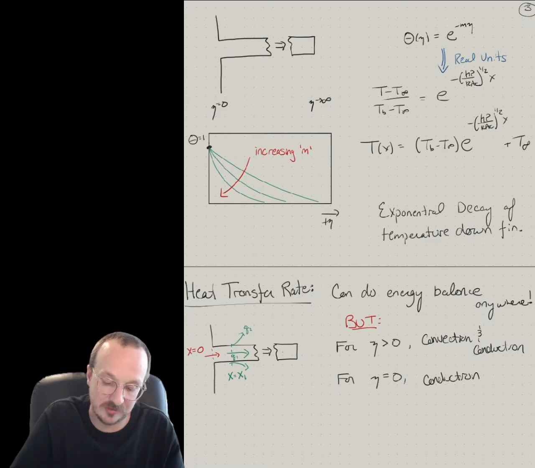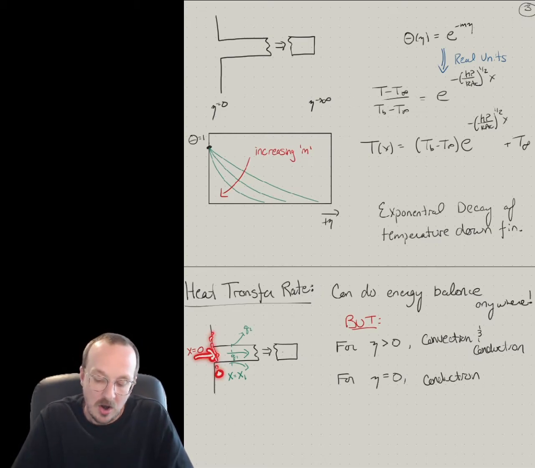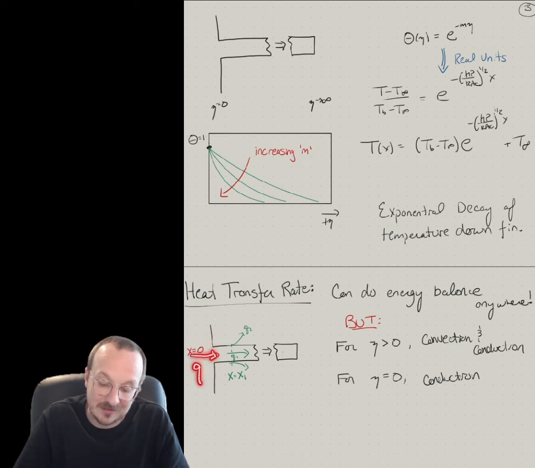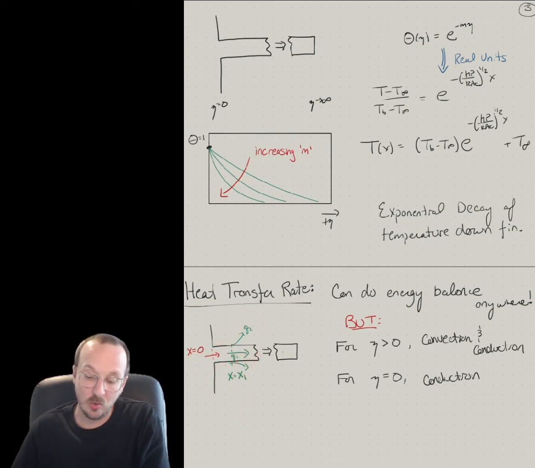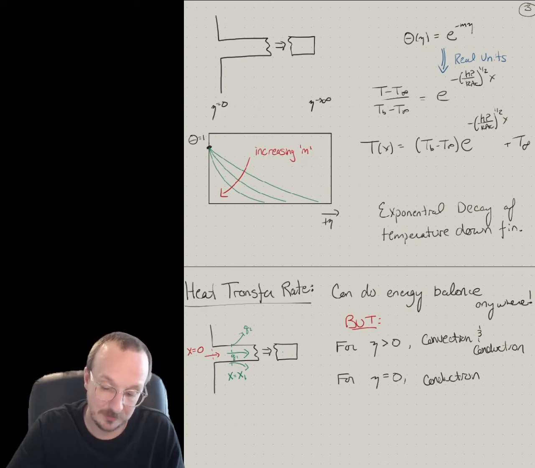So look at Z equals 0. You just have conduction right at the base. There's been no exposed surface area. All the heat going through here, if that's Q, then at this position, that's equal to all of the heat going through here still, plus all of the heat lost up to that point by convection on the surface area. So you don't want to have to account for the fact, I mean, let's write it out.